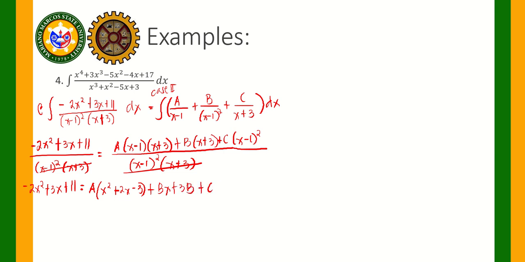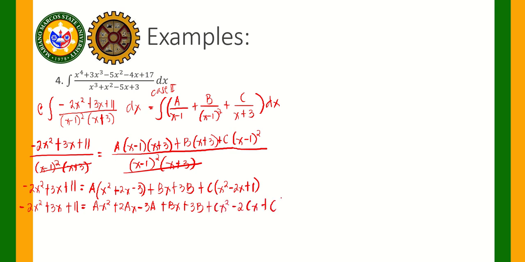And then plus c times x minus 1 squared, that is x squared minus 2x plus 1. Okay? And then we simplify further. This will be equal to negative 2x squared plus 3x plus 11 equal to ax squared plus 2ax minus 3a plus bx plus 3b plus cx squared minus 2cx plus c.